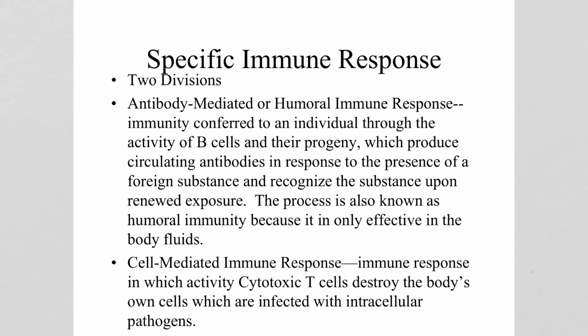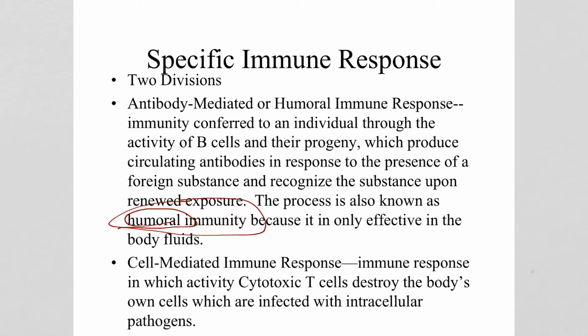This process is known as humoral immunity because these antibodies are large proteins and they can't actually enter into cells like infected cells. They can only kill germs or pathogens when they're floating around in the body's fluids. So humors are fluids. The second part of your specific immune response is called the cell-mediated immune response.